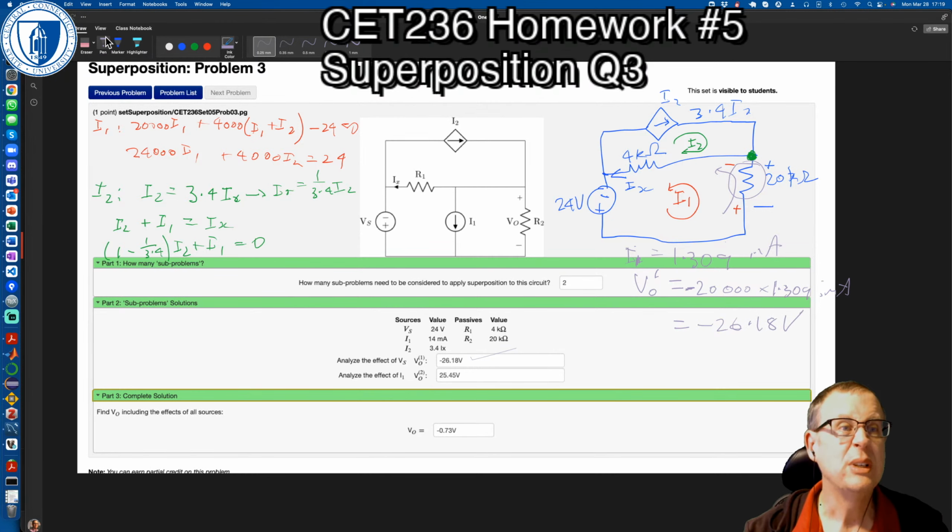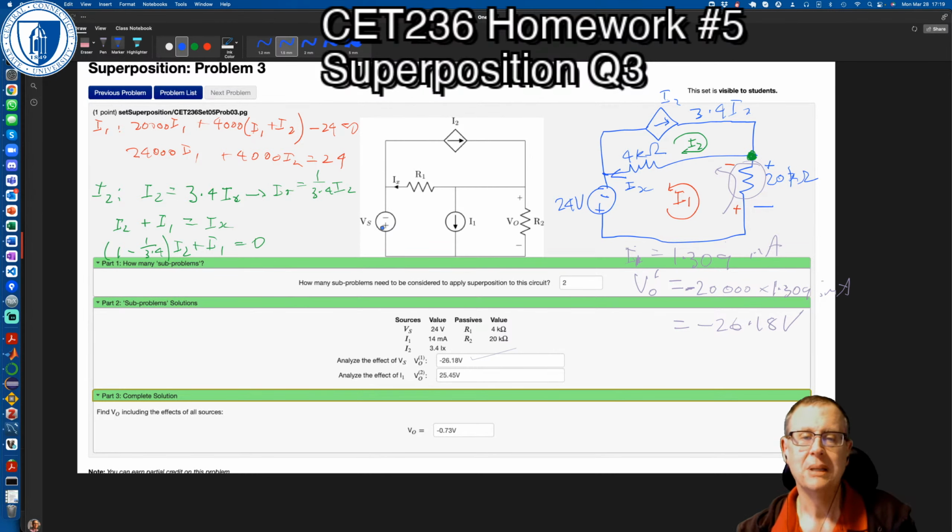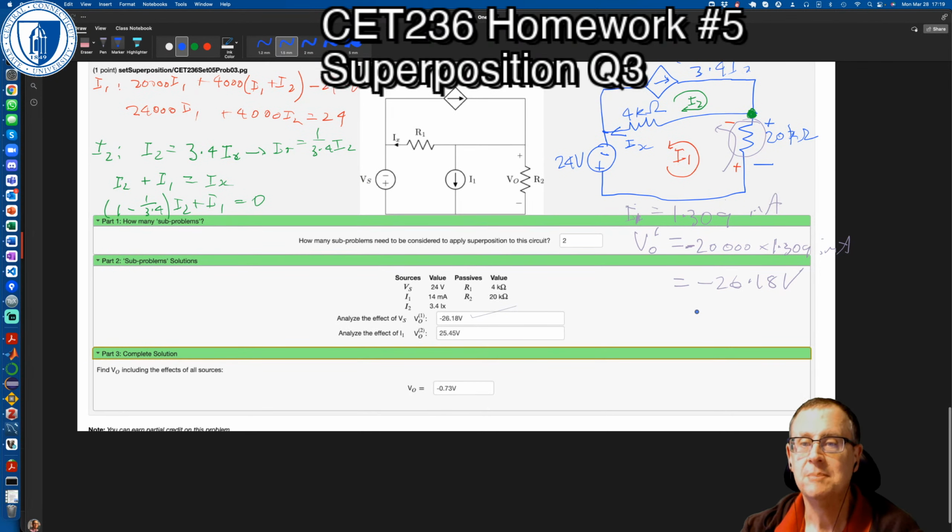And then I need to redo the analysis by replacing Vs with its ideal, which is just a wire. So then I get, well, what do I get? That's a bit thick. I got the wrong one. I want a pen.